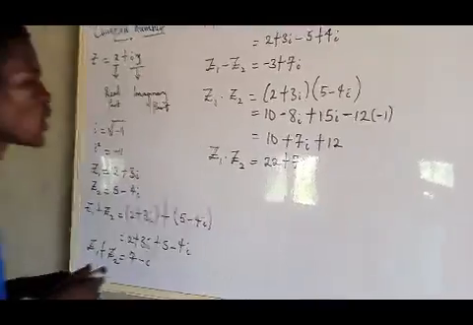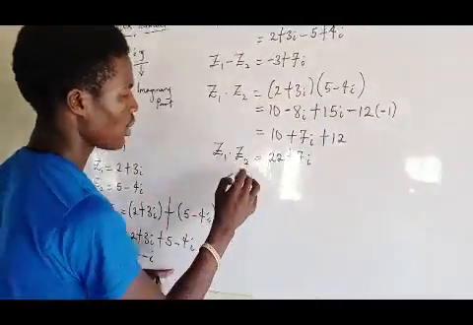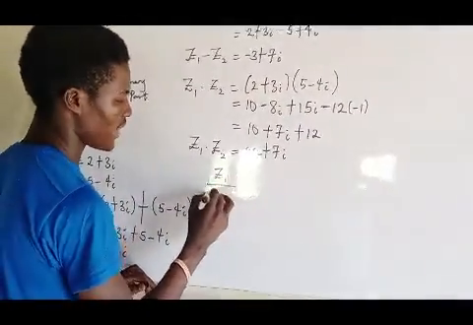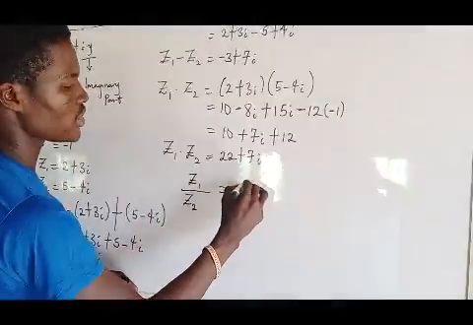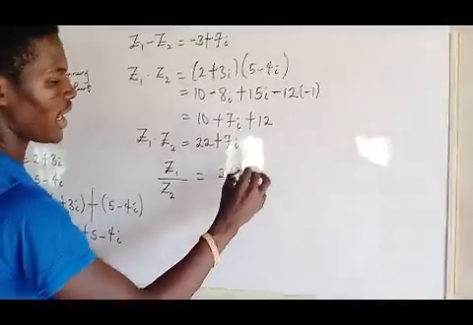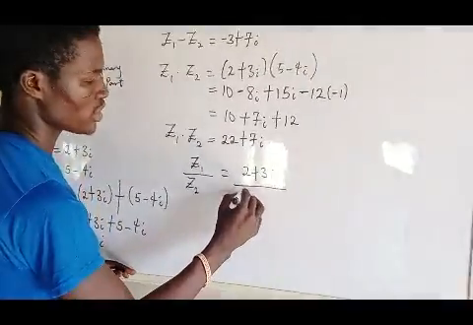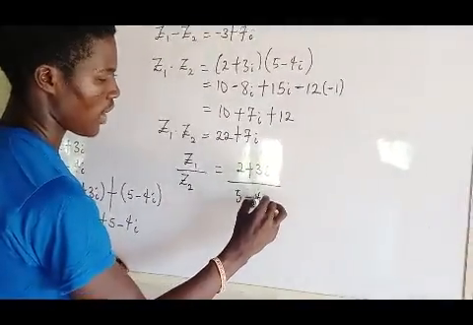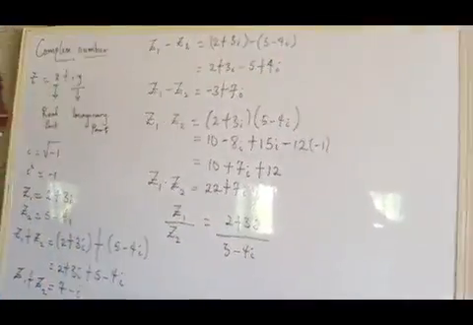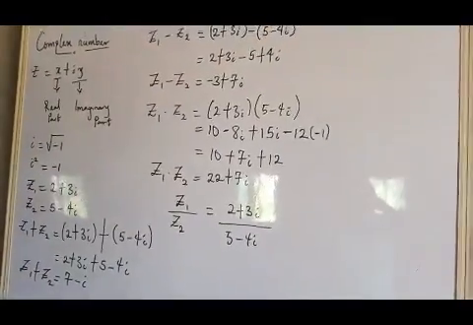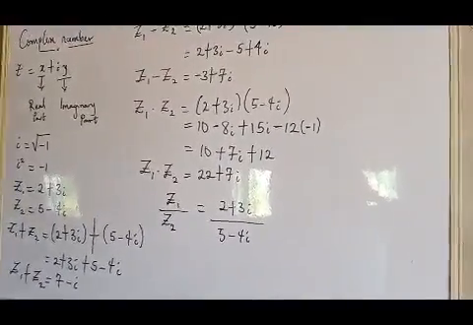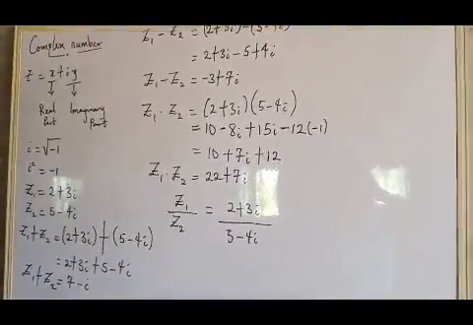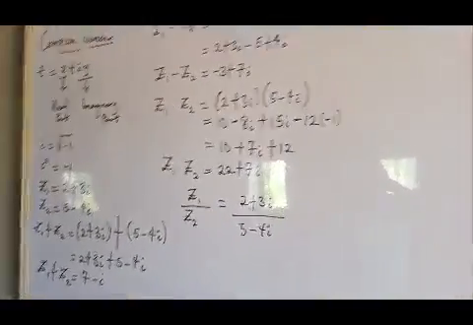Now, division of complex numbers. Let's say I have z1 divided by z2. Our z1 is 2 plus 3i, and our z2 is 5 minus 4i. Now, the idea of division of complex numbers is the same as rationalization of surds.